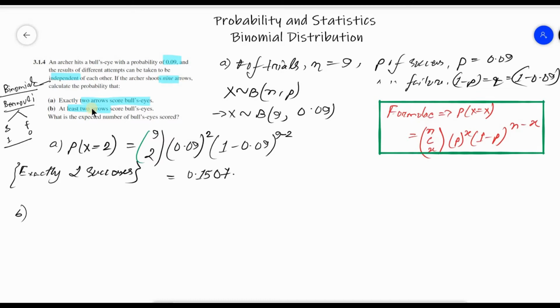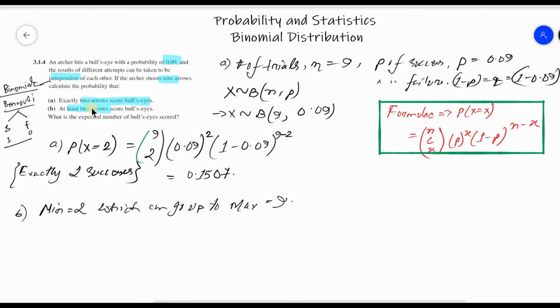So for at least two bullseye, minimum equals to 2, which can go up to maximum equals to 9 number of trials.